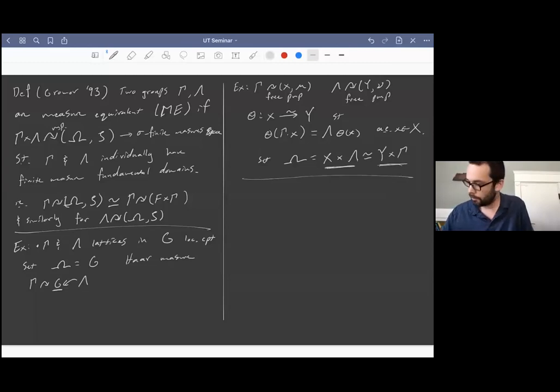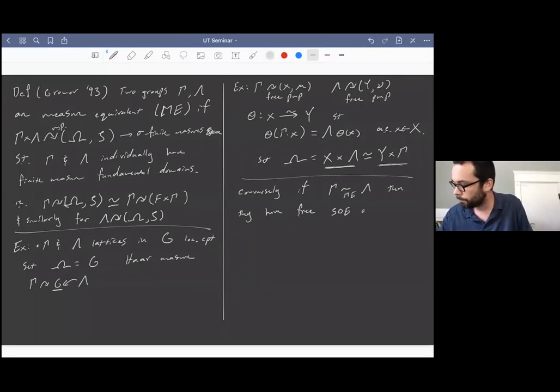And moreover, conversely, if we have a measure equivalence, so if gamma is measure equivalent to lambda, then they have free, maybe not quite orbit equivalent, but what's called stably orbit equivalent actions.